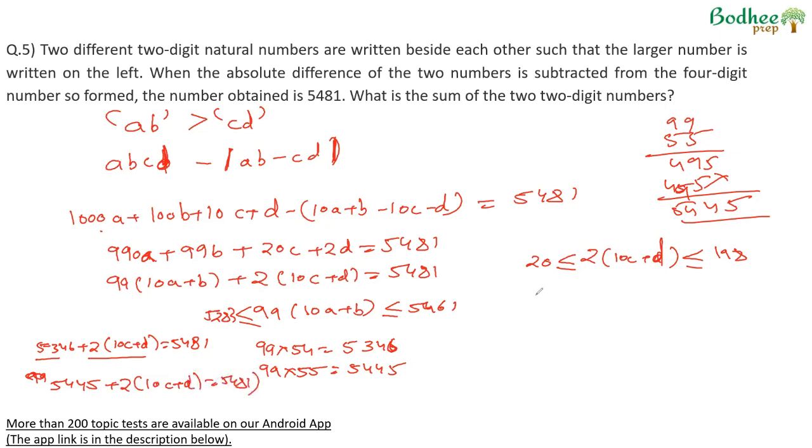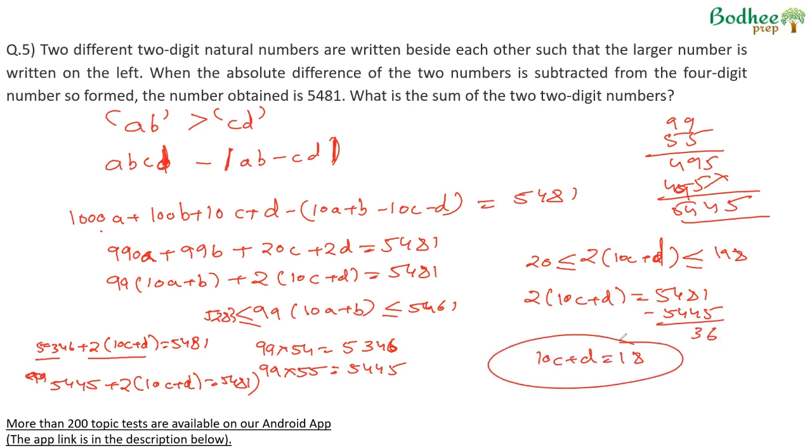So 2 into (10C plus D) equals 5481 minus 5445. 81 minus 45 is 36, and therefore 10C plus D is 18. So the two numbers that we have are AB equals 55 and CD equals 18. What is the sum of the two-digit numbers?